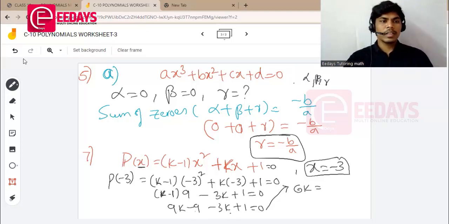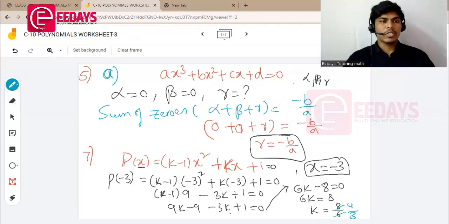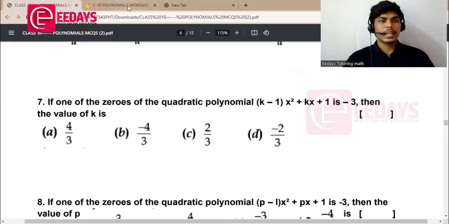And minus 8 plus 1, minus 8 is equal to 0. So 6k is equal to 8 and k is equal to 8 by 6. After cancellation, we are getting 4 by 3. k is equal to 4 by 3. So option A is the correct answer, 4 by 3.